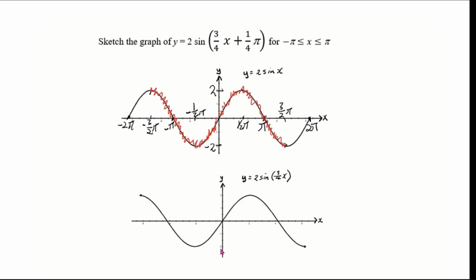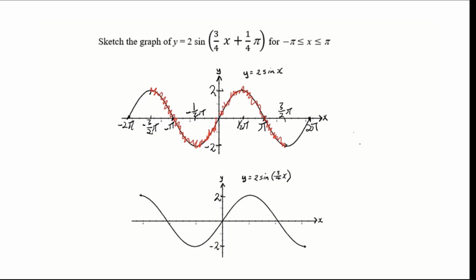Then we need to label the graph. First we start from the amplitude, +2 and -2. Then we need to label the important points, which are the maximum point, minimum point, and x-intercept.